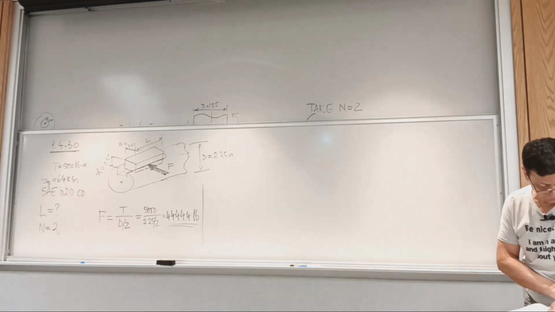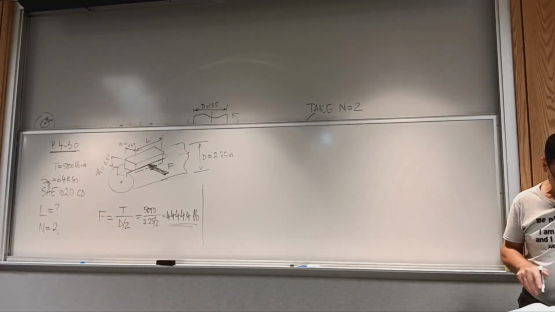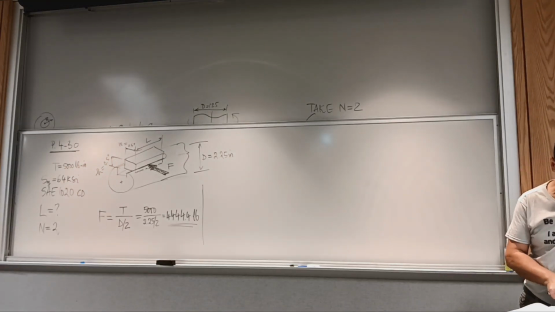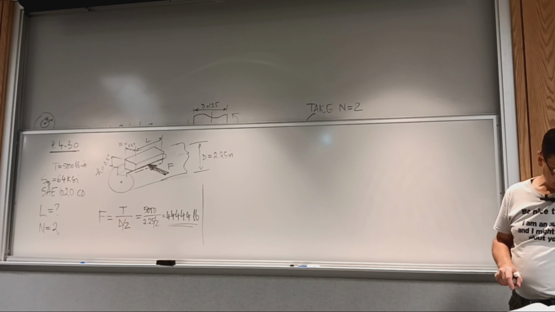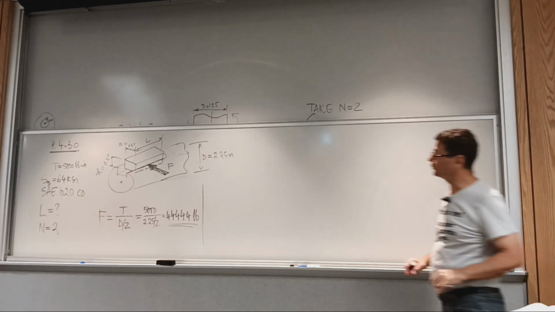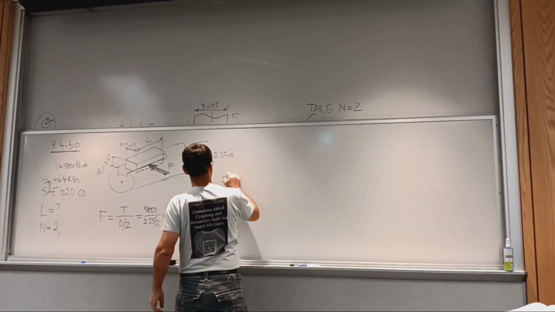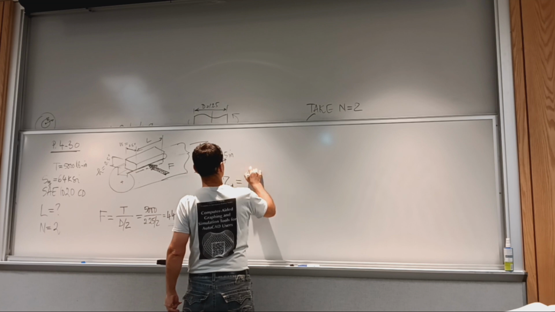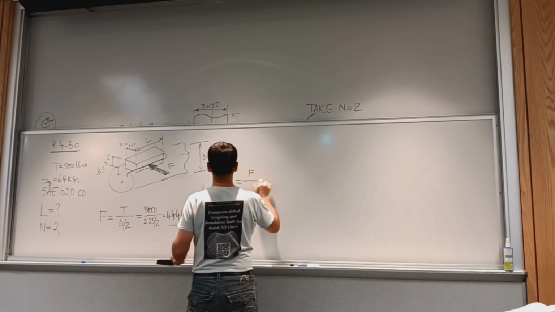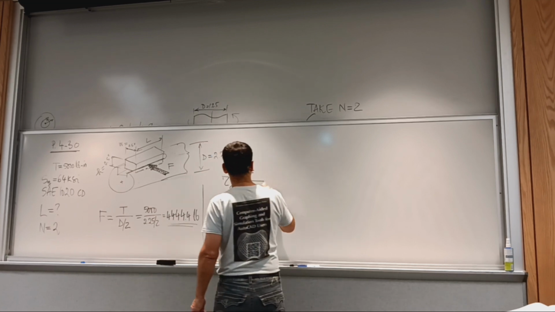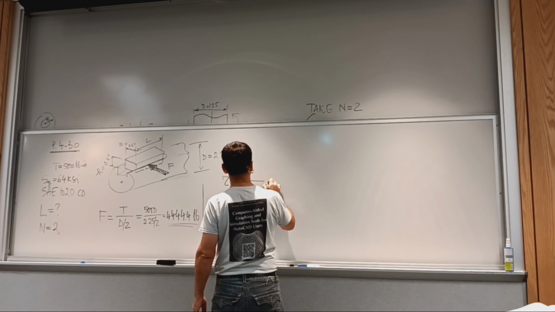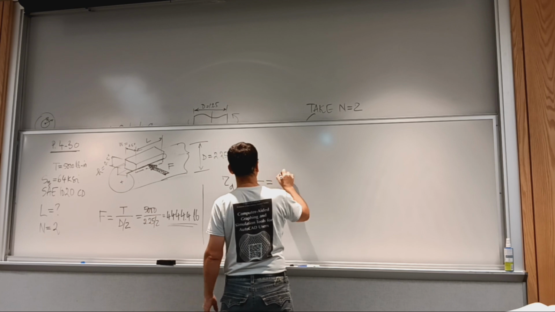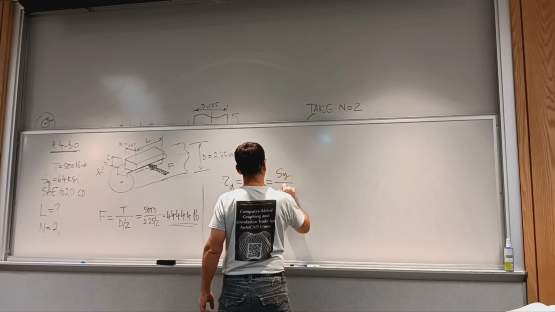Now we are dealing with direct shear, and a design factor of 2 means static loading. So the equation is tau d equals SY over 4. Design stress tau d is the shear force over the shear area, equals yield strength in shear over 4.